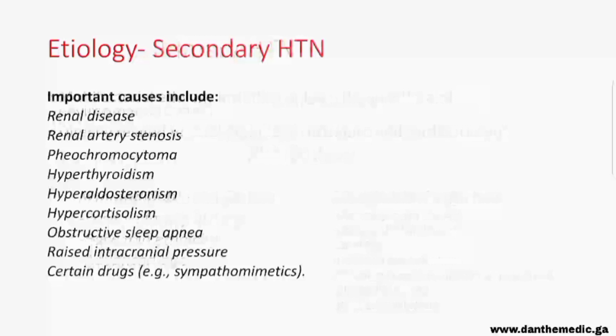Pheochromocytoma, hyperthyroidism, hyperaldosteronism, hypercortisolism, obstructive sleep apnea, raised intracranial pressure, and then some drugs like sympathomimetics. Unfortunately, I won't be able to go through the pathogenesis of hypertension in all these diseases, but I'll try to link some resources in the description.